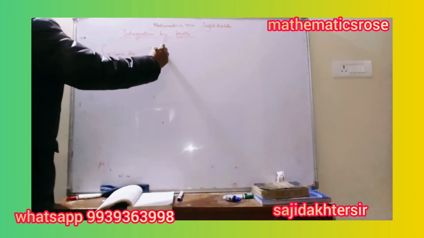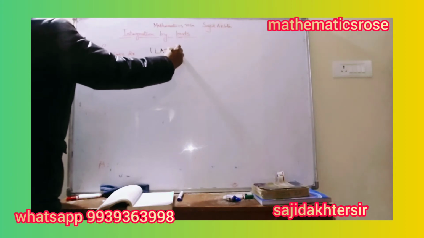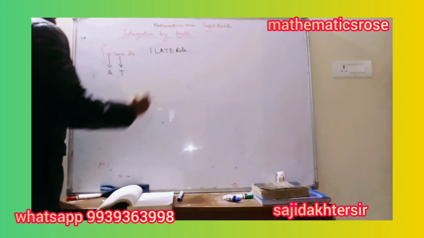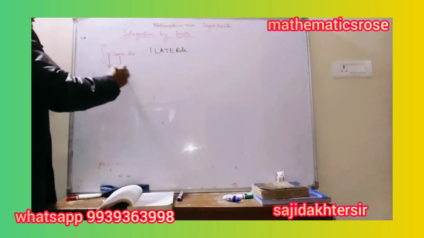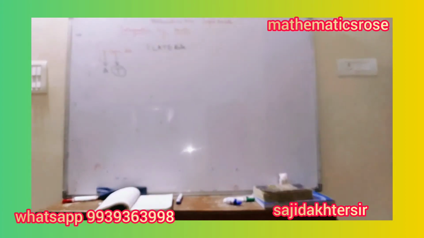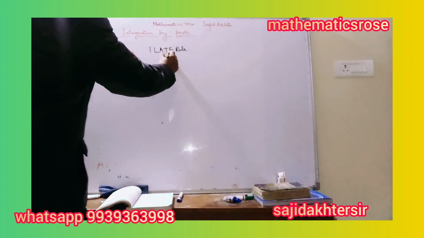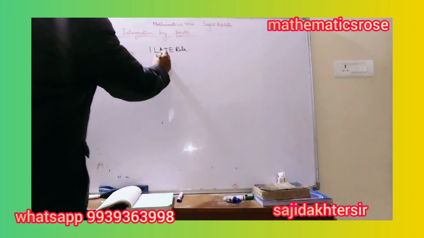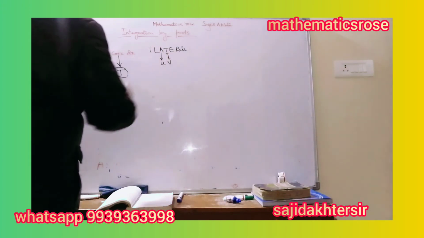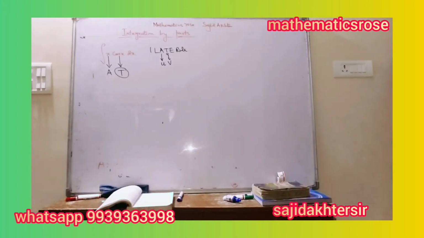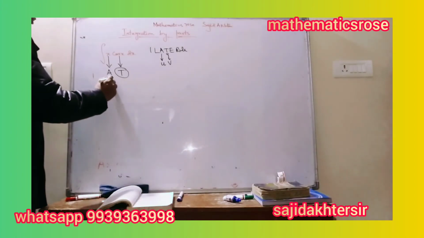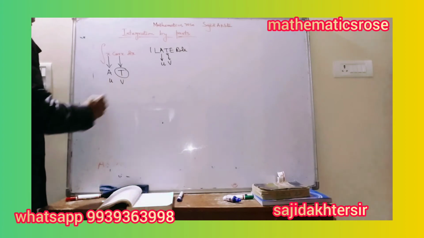So the ILATE rule says that we will take the trigonometric function as the second function, v, and the algebraic function as u. It is in the given order, so this is u and this is v.